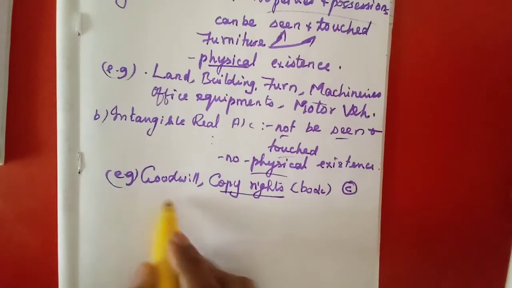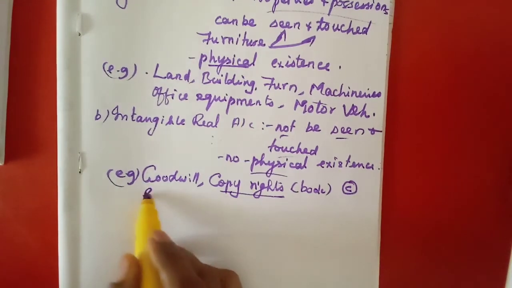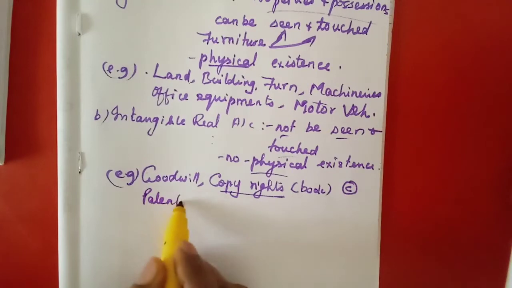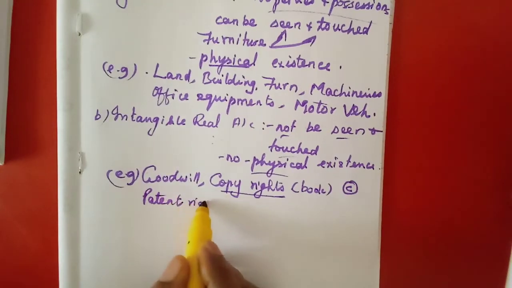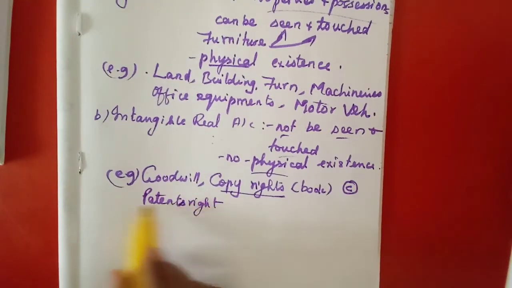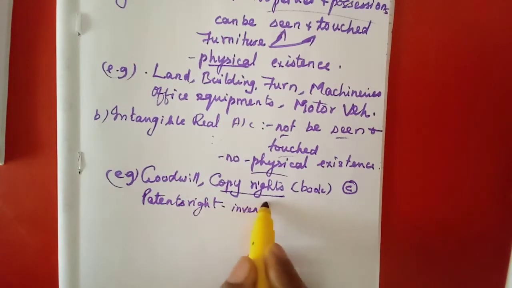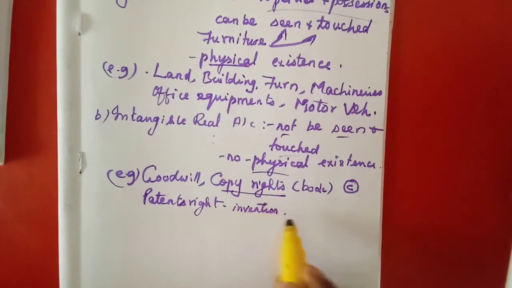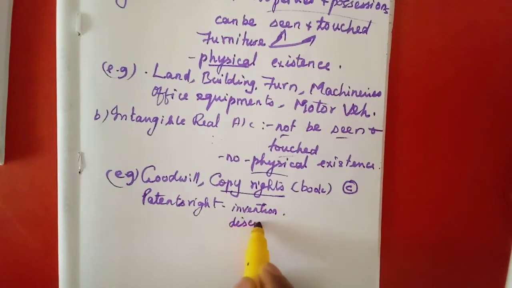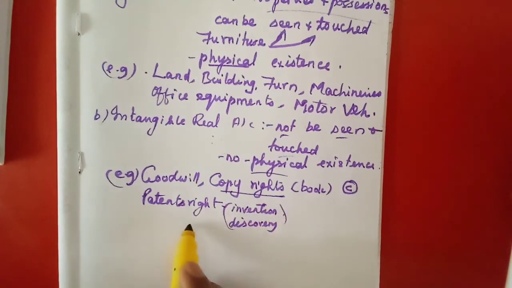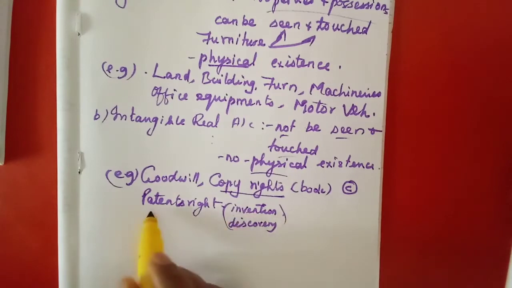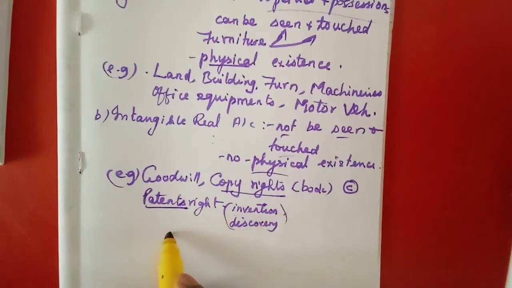Then patent rights. Simply they will say patents. What is this? It is regarding new inventions or the discovery of a product or whatever it is. If you invented something, you will get a right, that is called patent right.